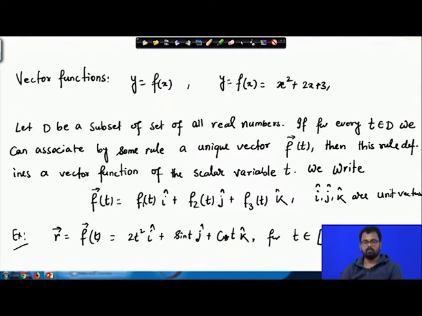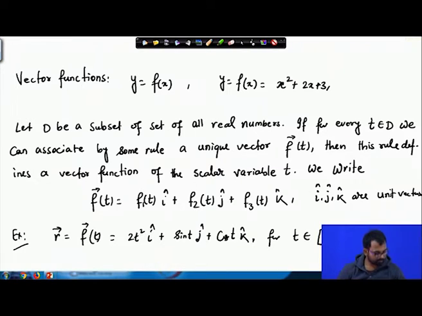So, this could be our vector function. Like this we can define several types of vector functions, and how we represent them using i, j and k, their domain, where the variable t belongs to, things like that.